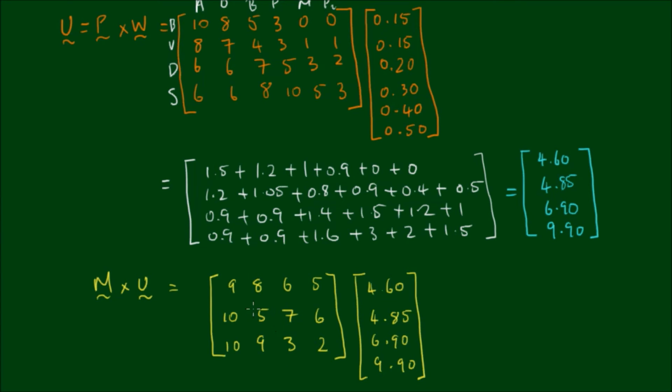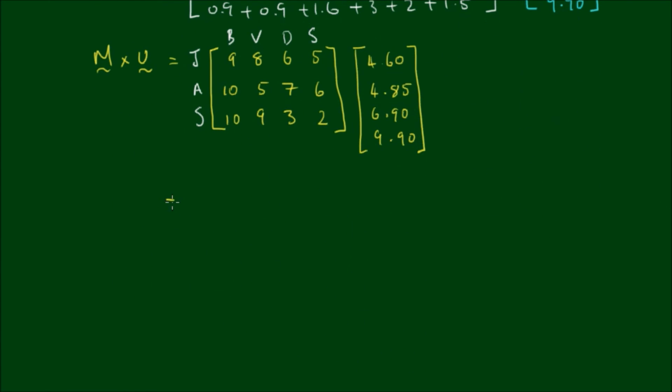And just to recap, the M matrix represents the numbers of each package we sold in the months of July, August, and September. So the columns denote the packages, so we've got a basic pack, a variety pack, a deluxe pack, and a supreme pack. And of course the rows denote the months, so we've got July, August, and September.